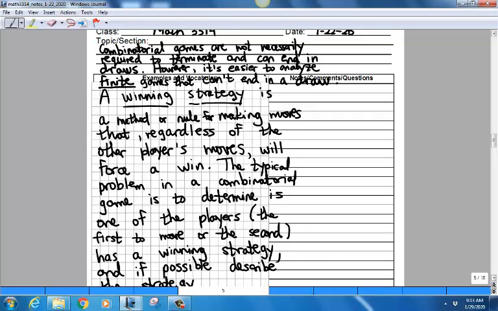So what we're interested in is, does one of the players have a winning strategy? That is, is there a system or a method that player can follow for choosing moves so that they inevitably win the game? That's a winning strategy. That wouldn't be the case for tic-tac-toe, because sometimes tic-tac-toe can end in a draw.